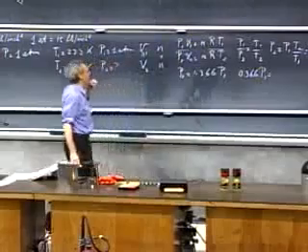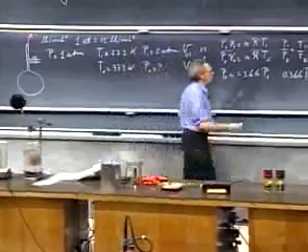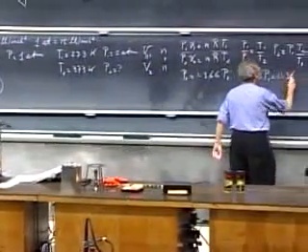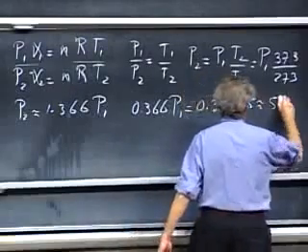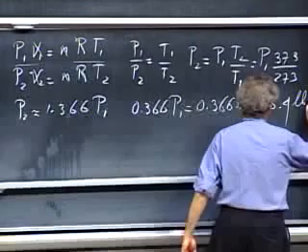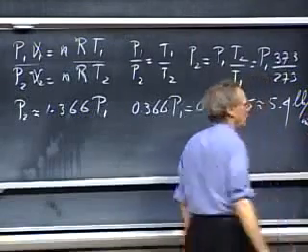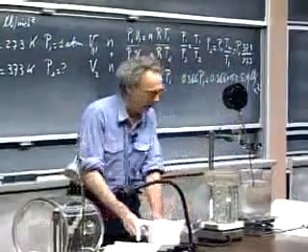And since it is calibrated in pounds per square inch, it is 0.366 times 15 pounds per square inch, and that is about something like 5.4 pounds per square inch. So that's what I predict, and we'll see how close we get.